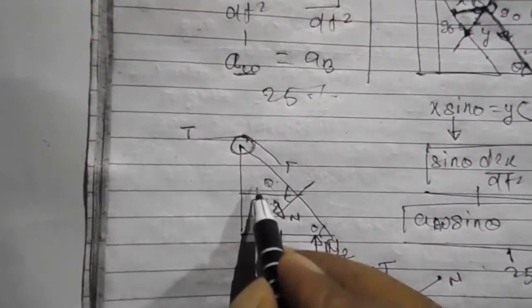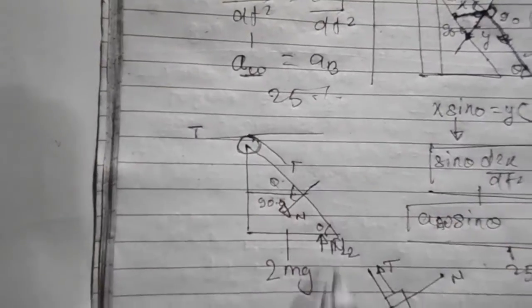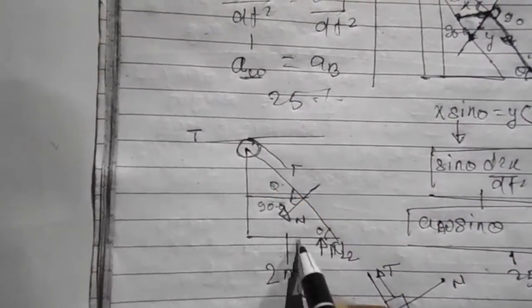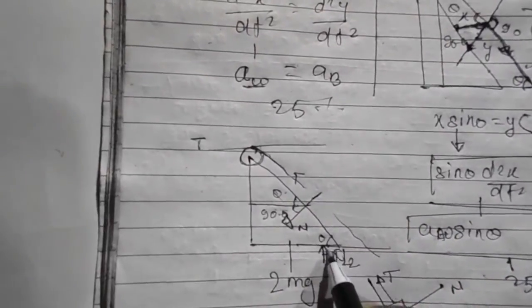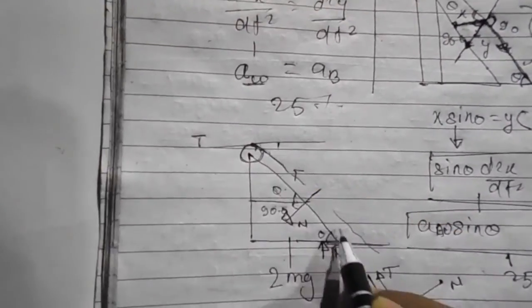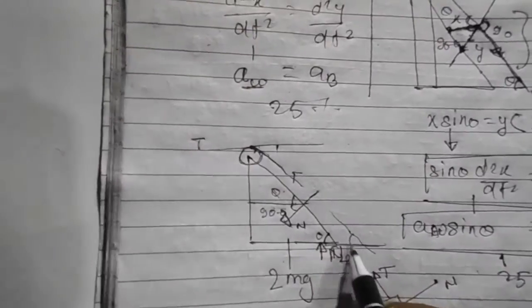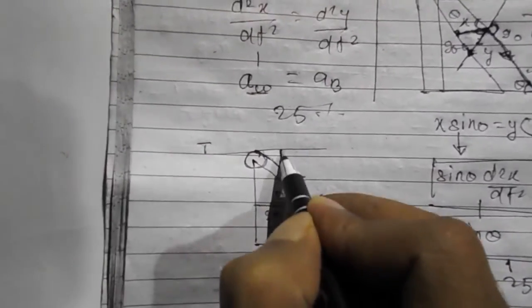If this angle is theta, this is theta, then this will be theta. Okay, so look at the forces along the x-axis.